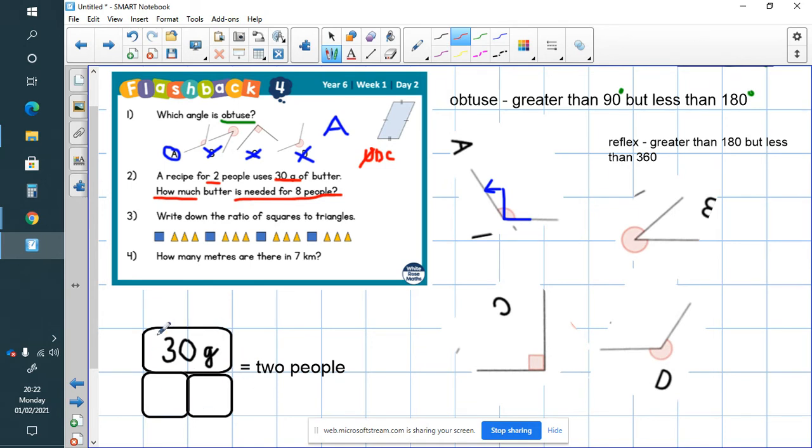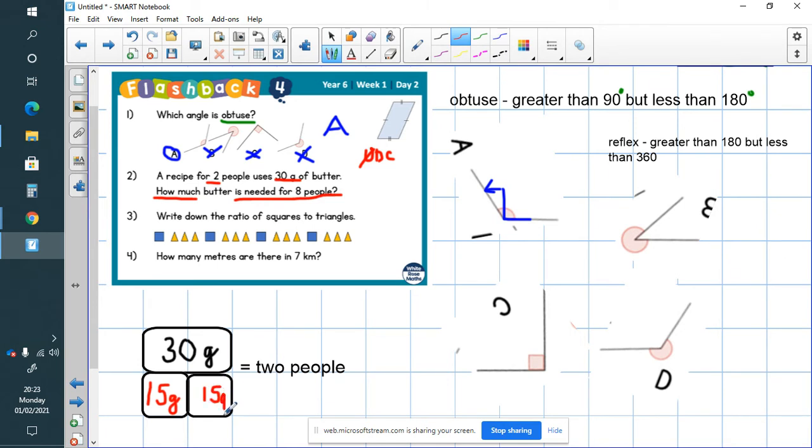I've used the bar model here, but you may have a different picture that you can draw. So I know in total, for my 2 people, if I've represented with 2 parts here, that their total is 30 grams. So therefore, if I was to share 30 grams equally between 2 people, each person would get 15 grams of butter.